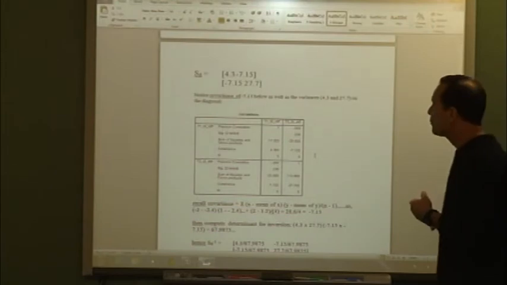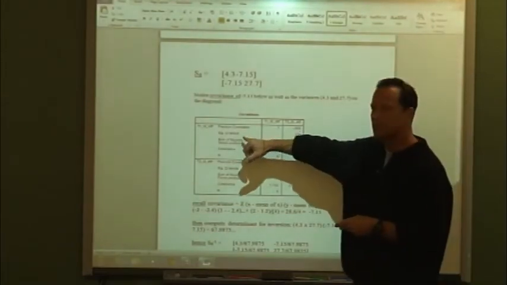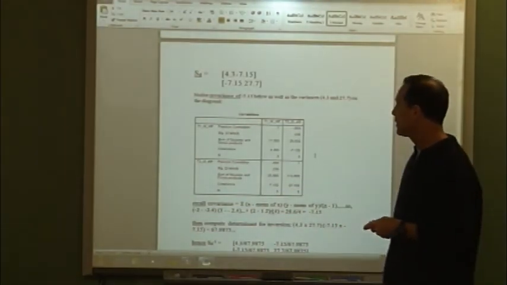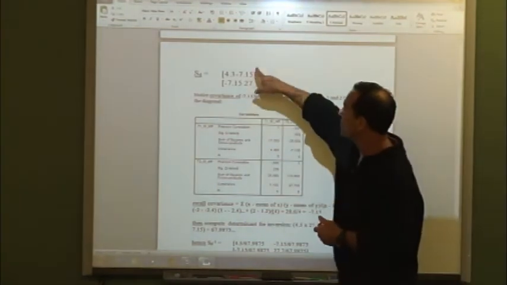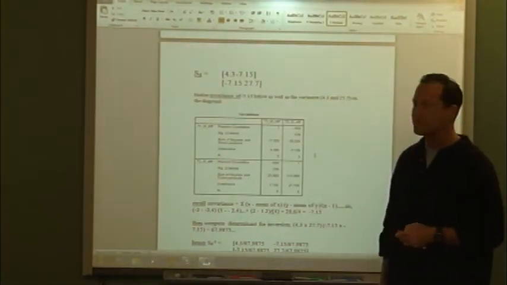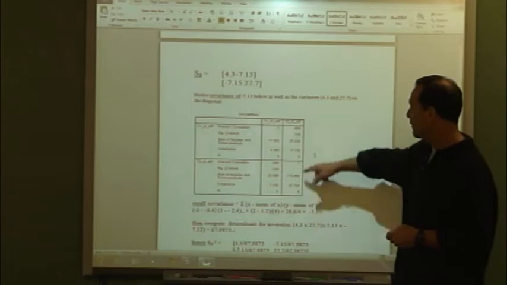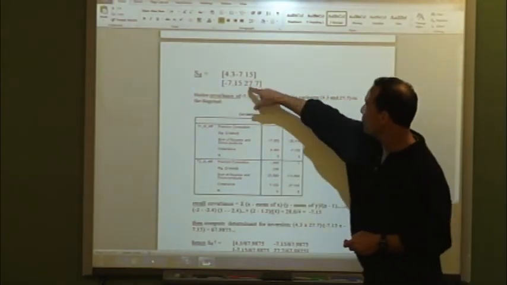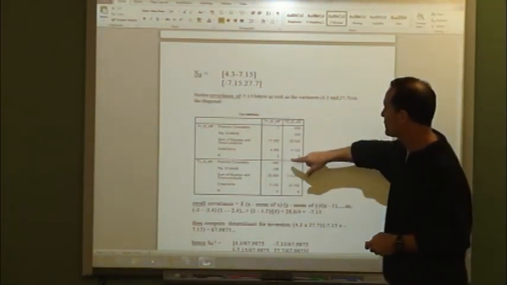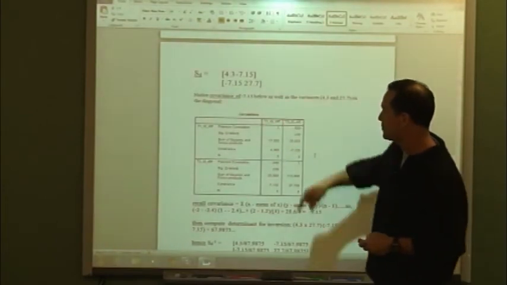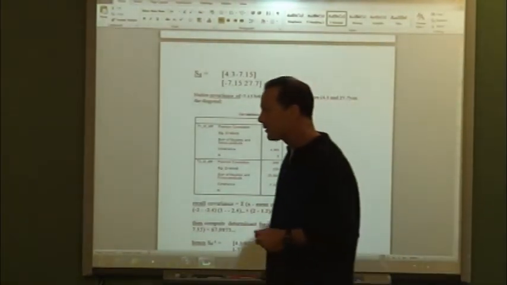So now, looking at the multivariate approach, you have time 1 minus time 2, time 2 minus time 3, and I can get a variance-covariance matrix of the difference scores. And look, everybody, there's the covariance, negative 7.15, and there's the variance of the difference scores, time 1 minus time 2, time 2 minus time 3.